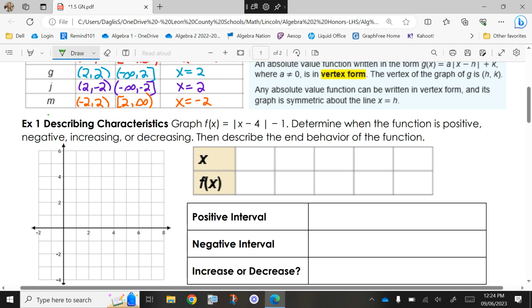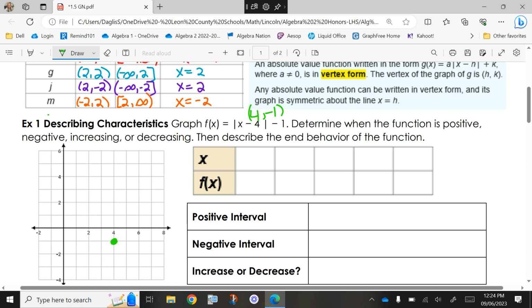I'll go green. Where is the vertex going to be for this graph? 4, -1. Do we agree? Inside opposite, and then the outside stays the same, right? So x is 4, y is -1.